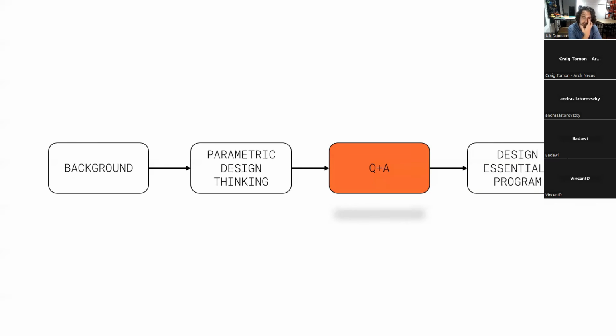Okay, well, these are great questions. So I'll tackle your second question first, because again, this idea of parametric design thinking in my head is about how you approach things. So you don't need to know every single node by any means. You just need to know enough, your own kind of workflow about how to approach these things.